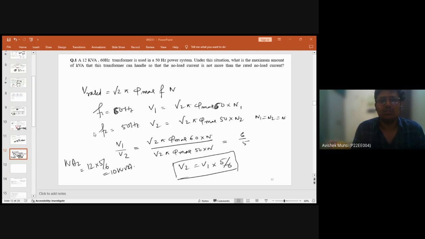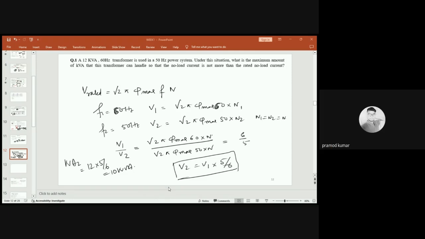So if the voltage is 5 by 6 times, then the kVA will also be 5 by 6 times. So if in the first case you have 12 kVA, then in the second case also 12 into 5 by 6 times, that is 10 kVA. And how am I getting 5 by 6 times? You can see that V1 by V2, we're just comparing, and everything cuts out, only the 60 by 50 difference remains, because only the frequency is different and the transformer is the same, right? Is it clear?